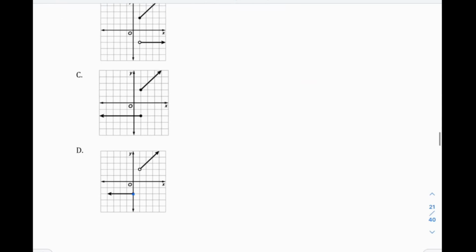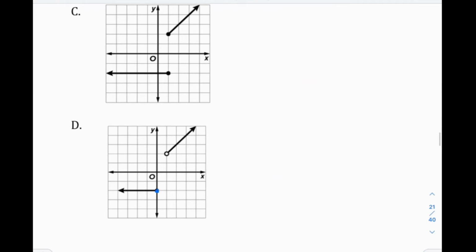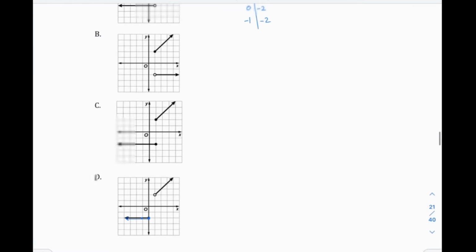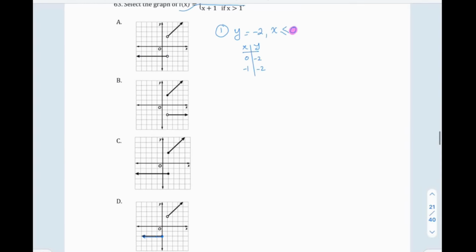The second point was what? -1 and -2, so it's here. This is the starting point, and it's a constant going in this direction. As you see, this is the only option with this graph. If this piece was repeated here or here, you need to check the other piece.